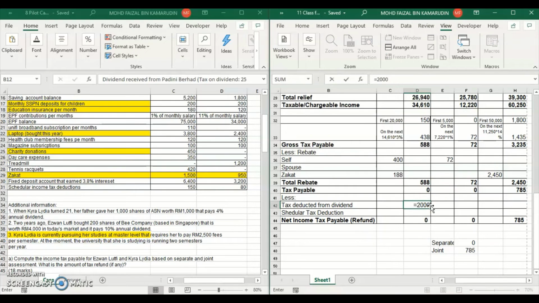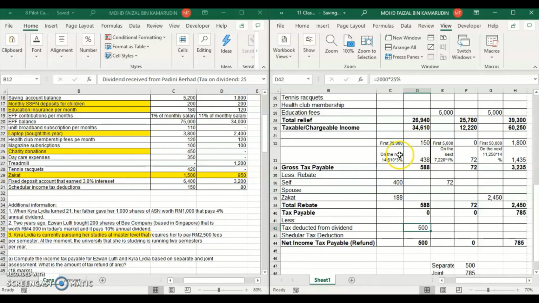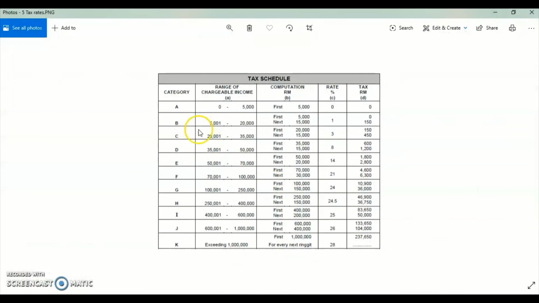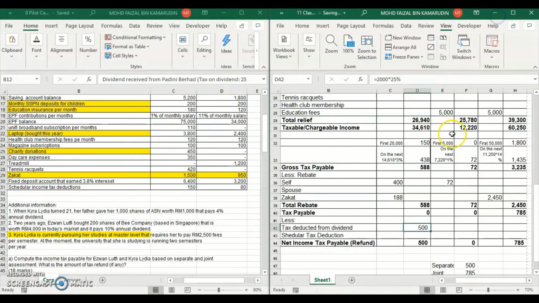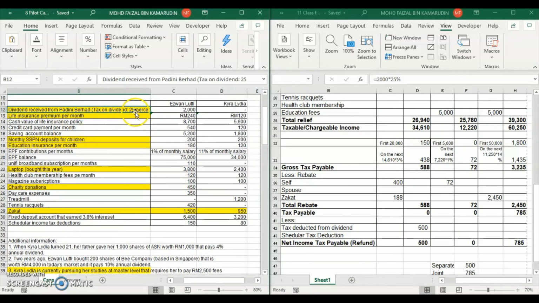In this case, he only needs to pay 3% at the category here, if you still recall, whereas he was taxed at source at 25%. That is why he can claim it back over here.